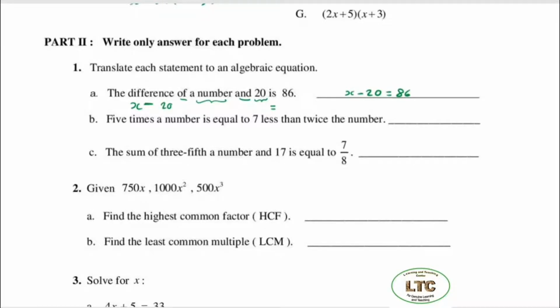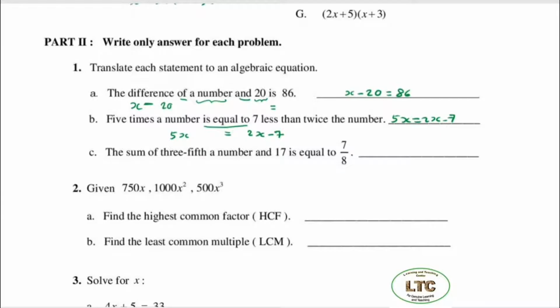Five times the number is equal to 7 less than twice the number. 5x is equal to... twice the number is 2x, 7 less than 2x is 2x minus 7. So you write 5x is equal to 2x minus 7.